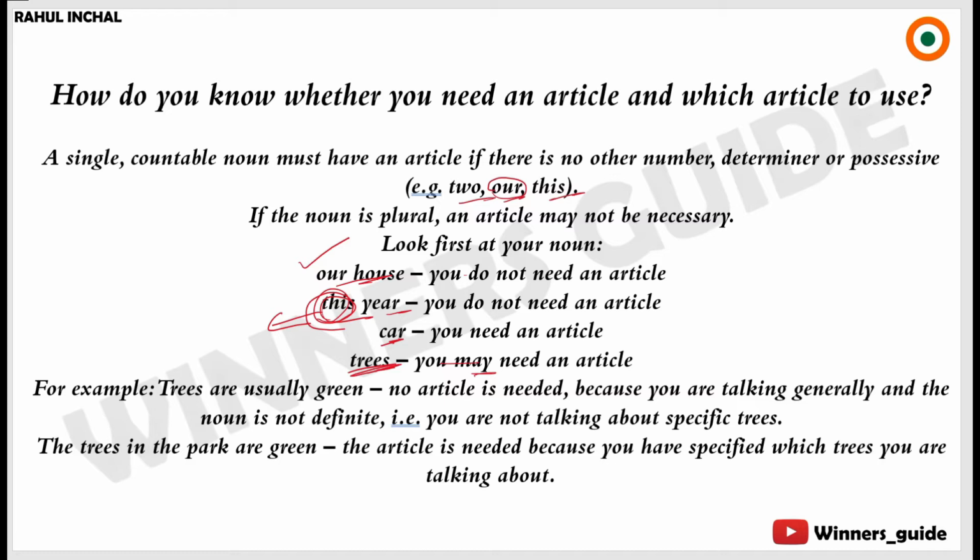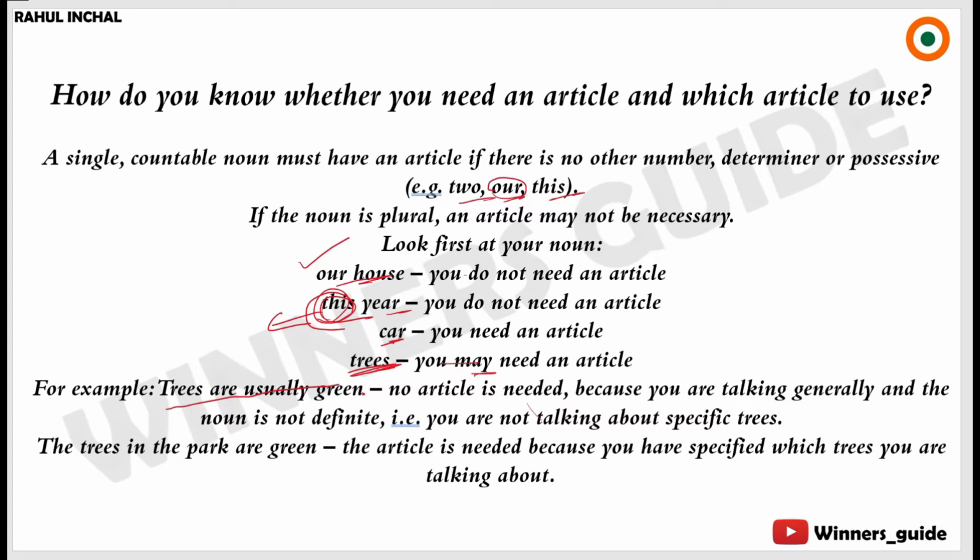For example, trees are usually green. If this is the sentence we have, trees are usually green, no article is needed because you are talking generally and the noun is not definite. That is, you're not talking about specific trees. What is definite? If things are not definite, meaning things are not specific. Okay.